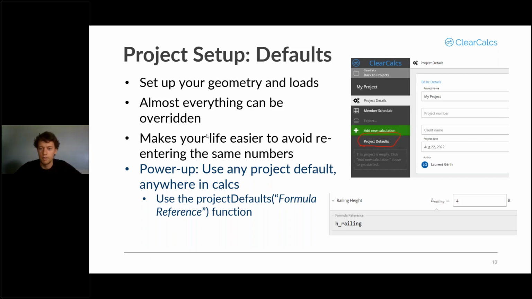The goal here really is to save you some time. So if you're designing a lot of stud walls, for instance, and they're always at the same height, then you can set a default height, so you're not going to have to change that every time. Cool thing here is we've got this project default formula, and what that does is you'll see we've got a formula reference. You can just type project default, and actually I apologize, there's a typo here, but there shouldn't be an S here.